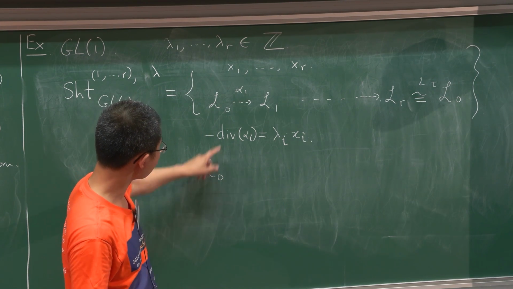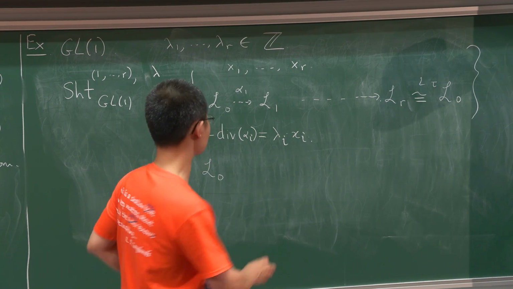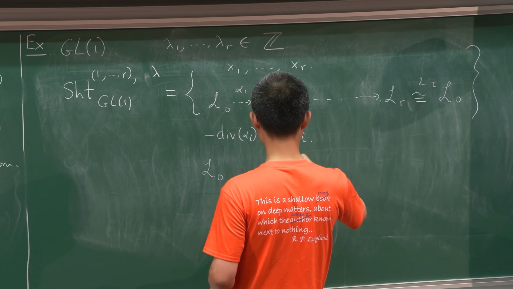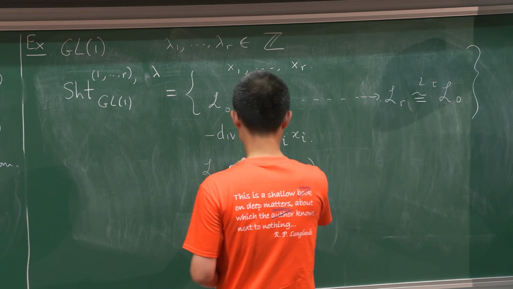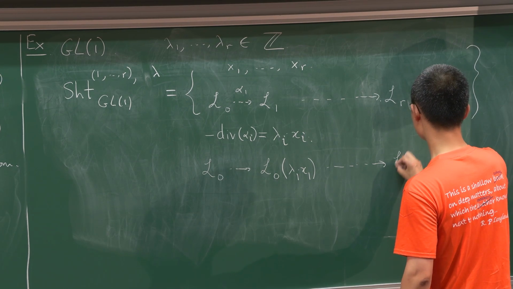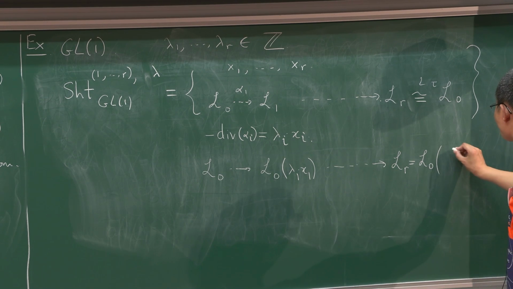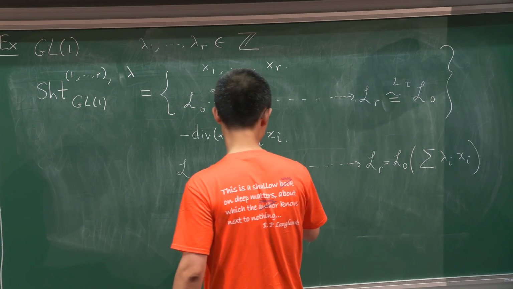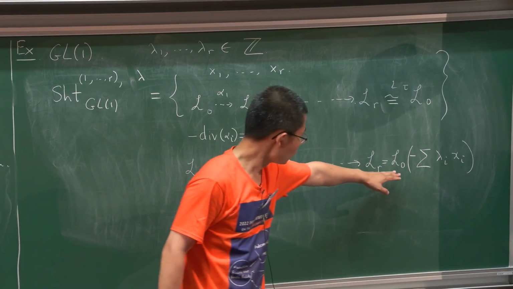For line bundles, if you fix the modification type, so this lambda i, your next line bundle is uniquely determined. You just twist your original bundle by some multiple of the point. So you can inductively determine all these bundles. So LR is isomorphic to, I think there's a minus sign here, L0 twisted by a divisor.